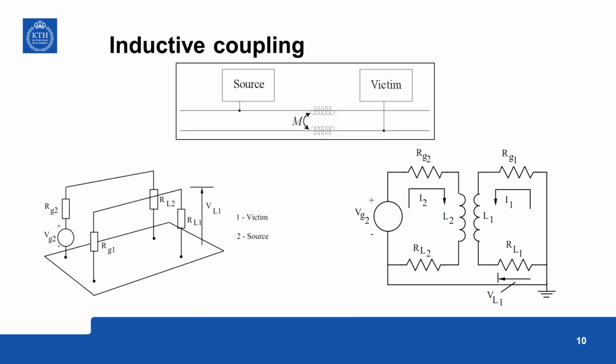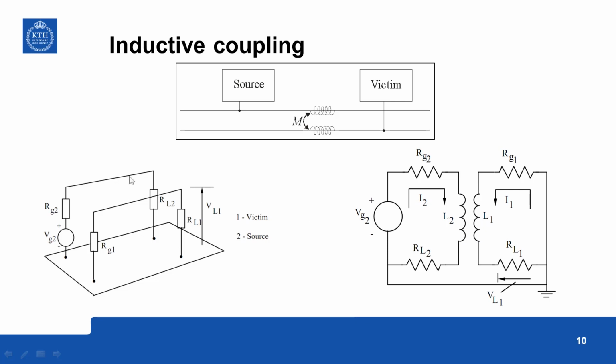Now, inductive coupling, where between the source circuit cables and victim circuit cables you have a magnetic field interaction, which is modeled as a mutual coupling M. The same basic three conductor scheme is used. Here you have one circuit, the source circuit that is shown here, then the victim circuit that is shown here. The coupling between these two lines is shown as some sort of a transformer.